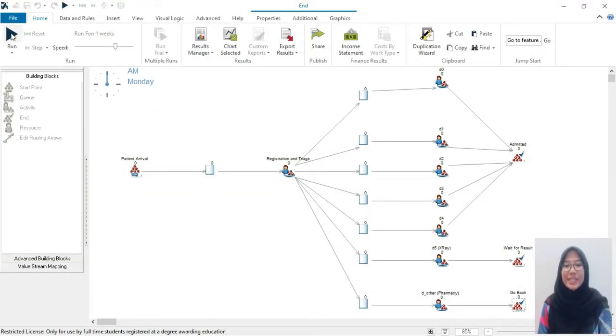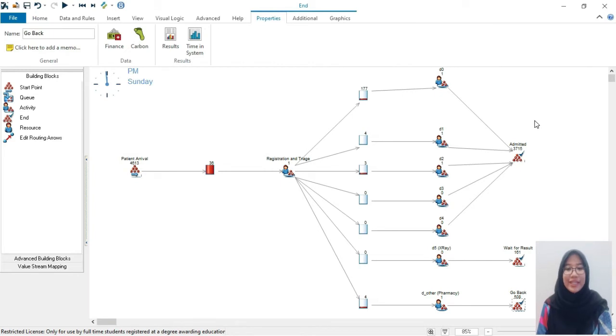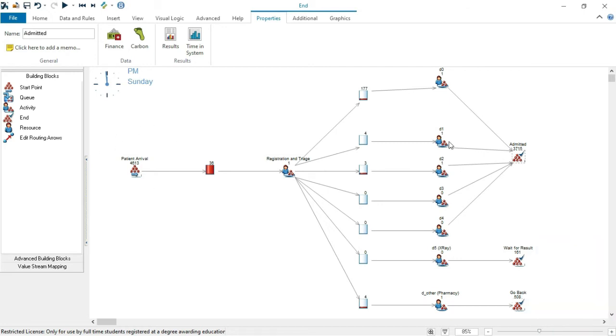This is the Simul8 result of the simulation for 1 week. It shows that the system is rather efficient, with 4,384 out of 4,613 patients completing the whole process.